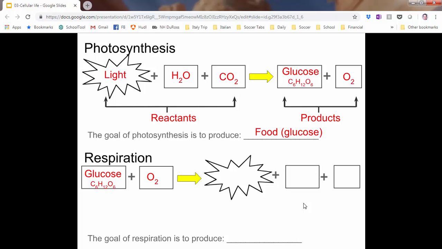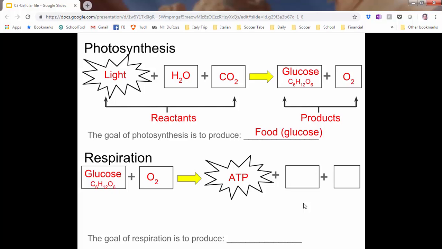So this little explosion box, it's not light. If it were light, we would all be glowing. All of our cells would constantly be releasing light energy. But that's not true. Instead, cellular respiration takes energy that's trapped inside of a glucose molecule and transforms it into a molecule called ATP, adenosine triphosphate.